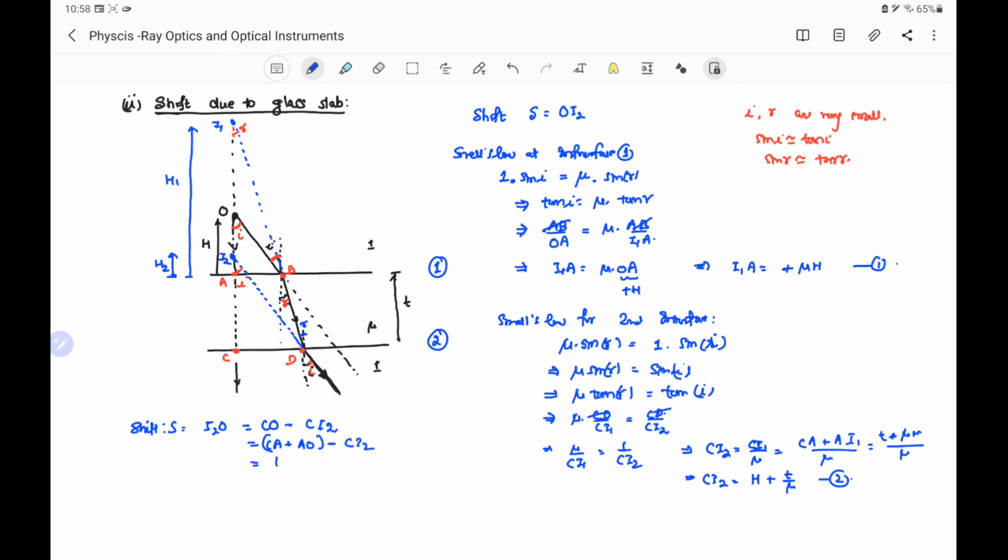CA is T, AO is h, minus CI2, which we calculated in equation number 2, h plus T by mu. And opening, we will have T plus h minus h minus T by mu, or it is equal to T into 1 minus 1 by mu. This is the shift in the position of the image.